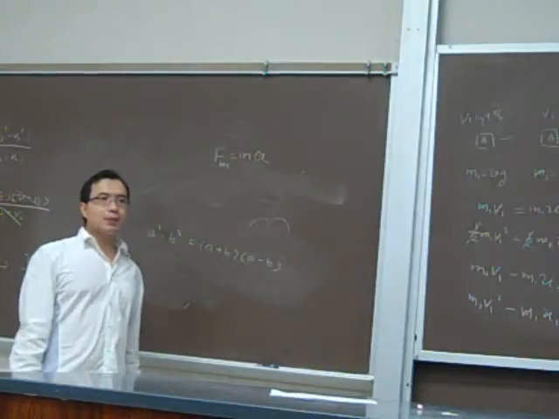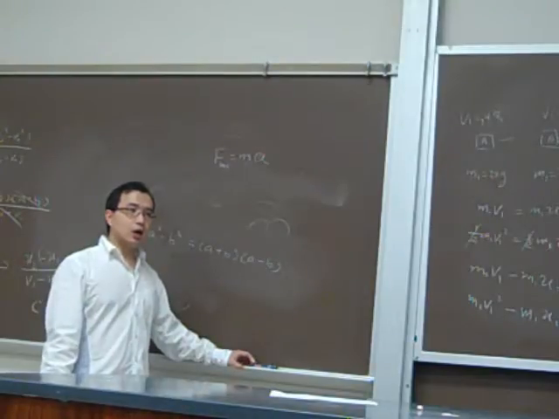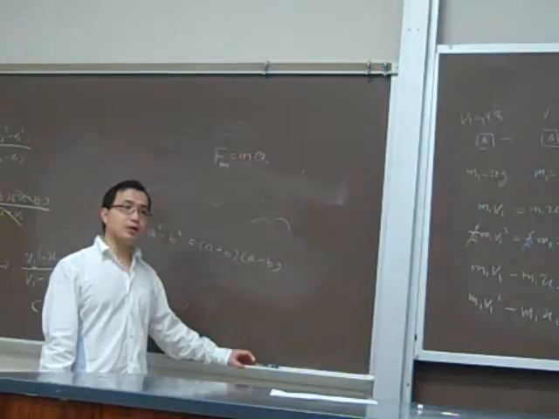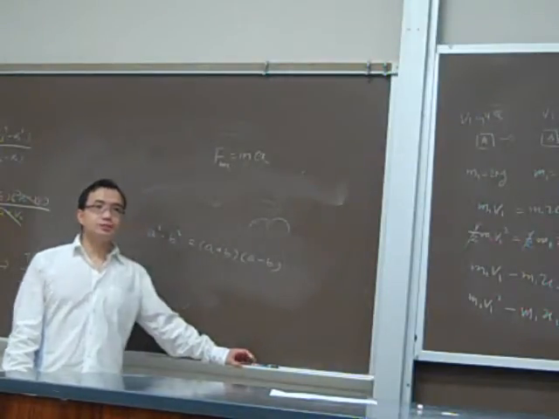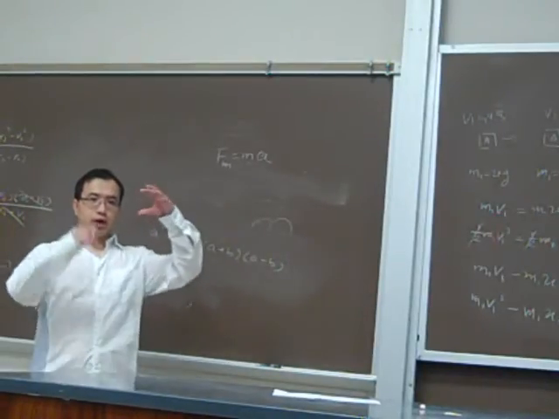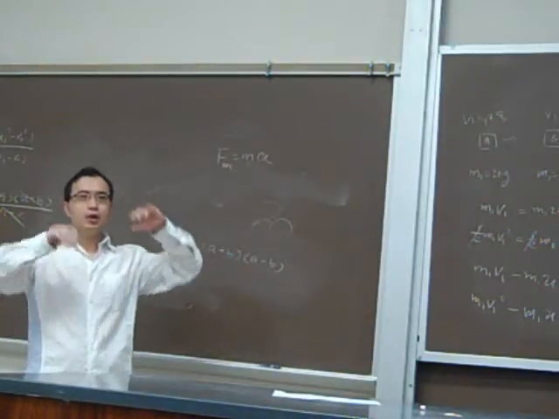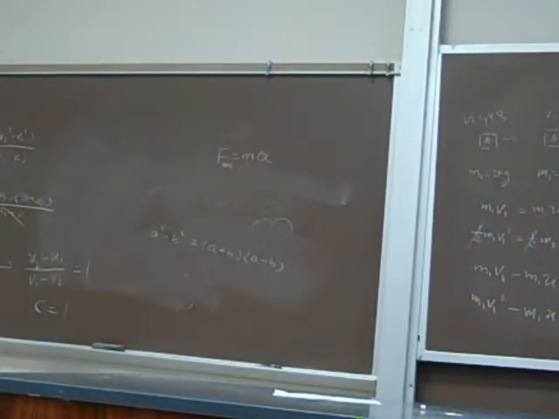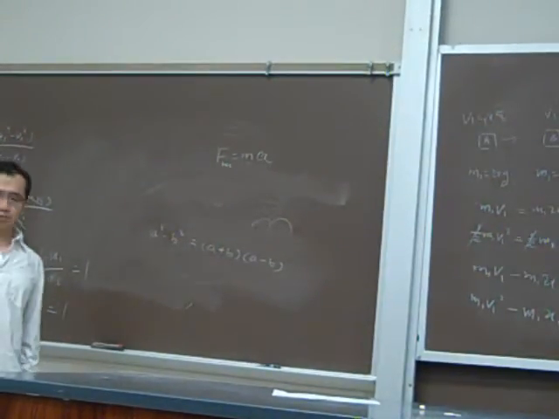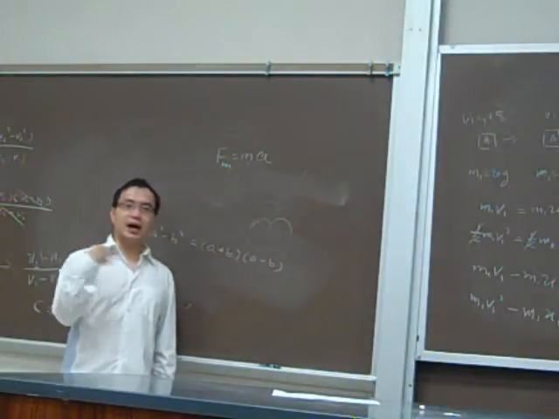But there are problems where we have to deal with changing mass, variable mass. For example, the rocket problem. For the rocket, there is a fast mass change because it will keep ejecting material behind it.